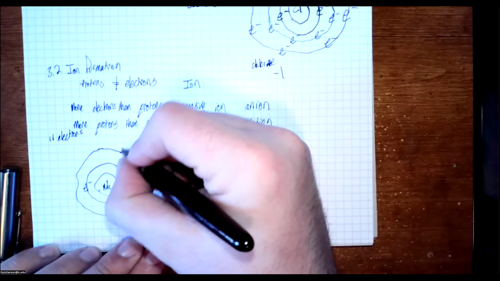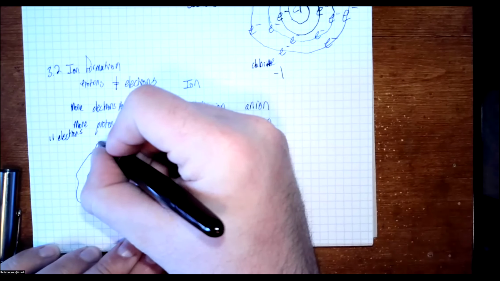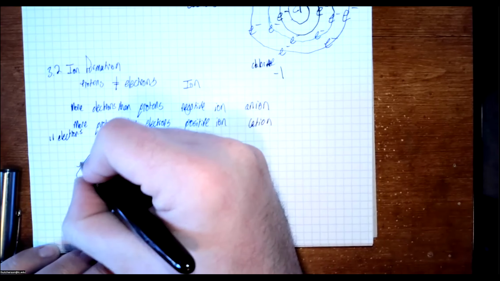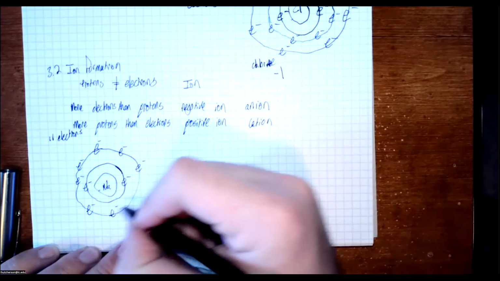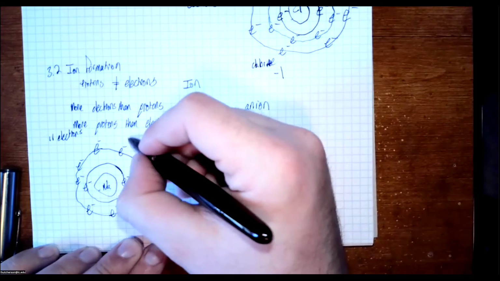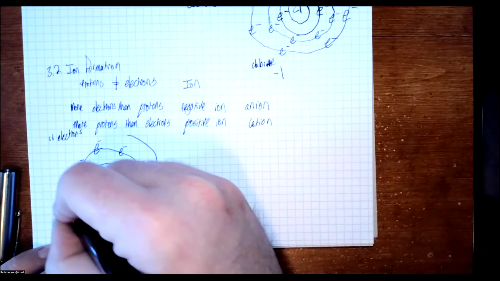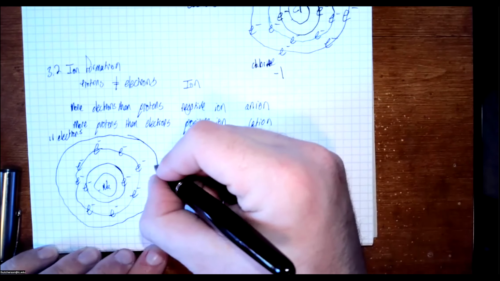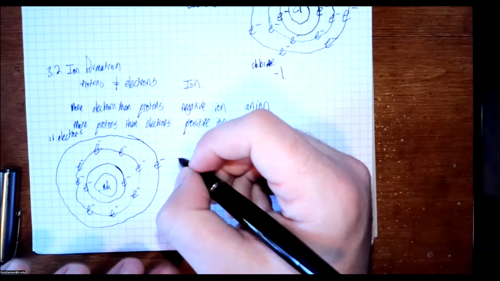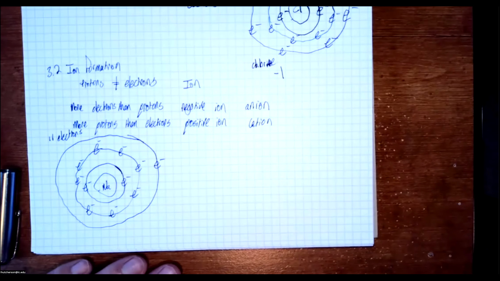We're going to have 11 electrons total. 1, 2, 3, 4, 5, 6, 7, 8. Then we go out to our n equals 3 shell. We've accounted for 10 electrons. So we're going to have a third one here, right?